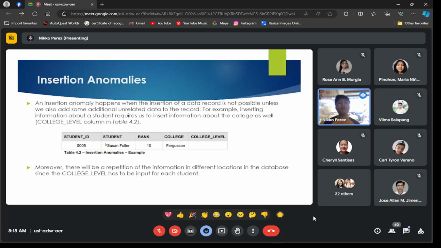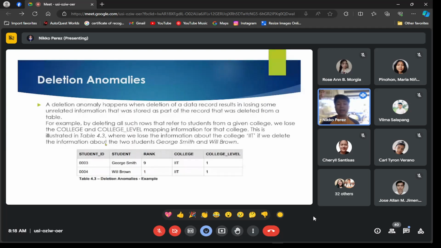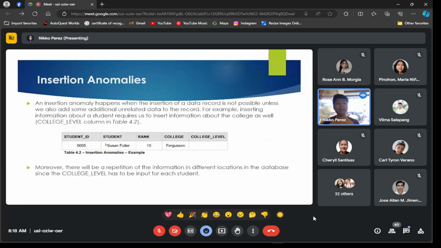That should be separated because that is not your data to work with or to input. So if the table is not decomposed, and decomposition is the process to separate these merged tables, then having this merged table has this issue of insertion anomaly.